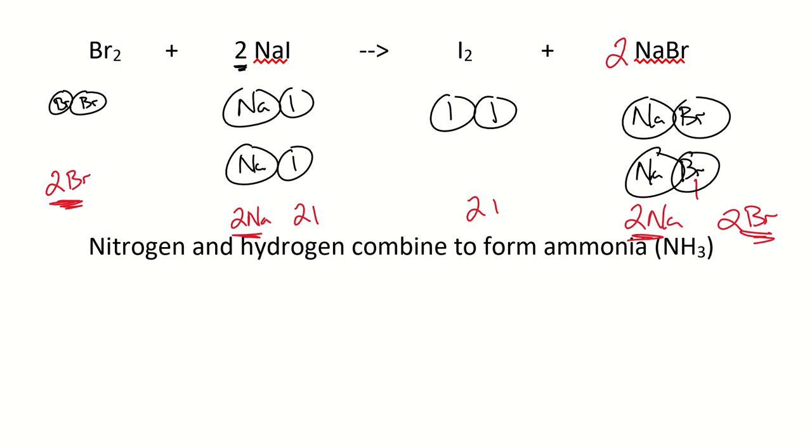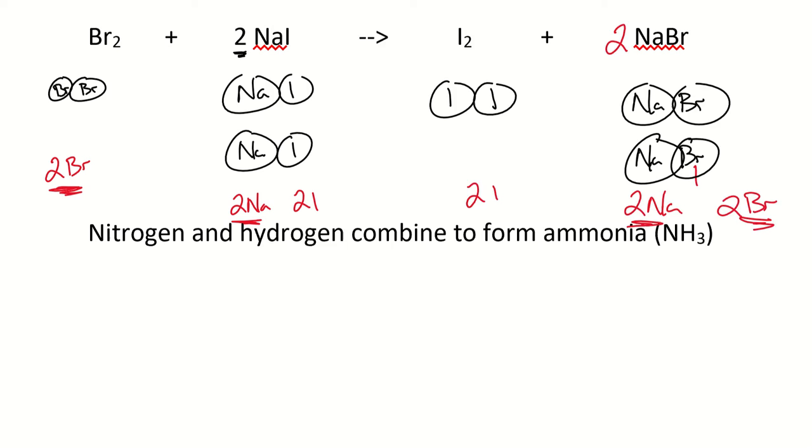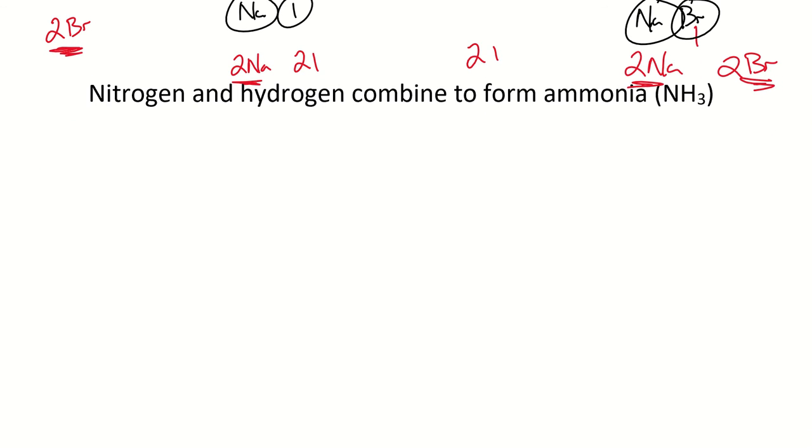The final example reads: nitrogen and hydrogen combine to form ammonia. Nitrogen is one of the Hofbrinkels, hydrogen is another Hofbrinkel, and they're combining to form ammonia. Now the problem doesn't state it, but these things are likely all in the gas phase, so we'll put small g's next to them.